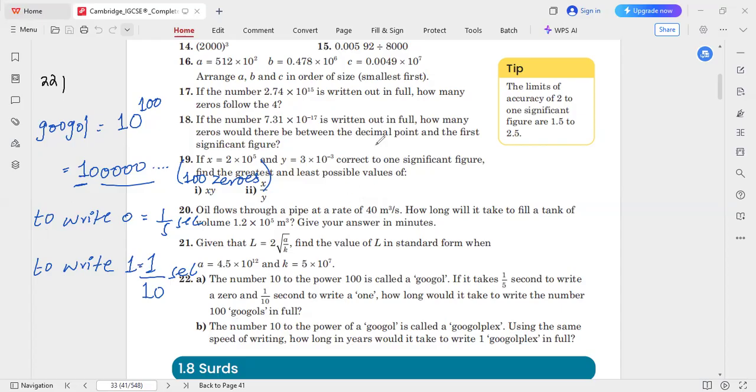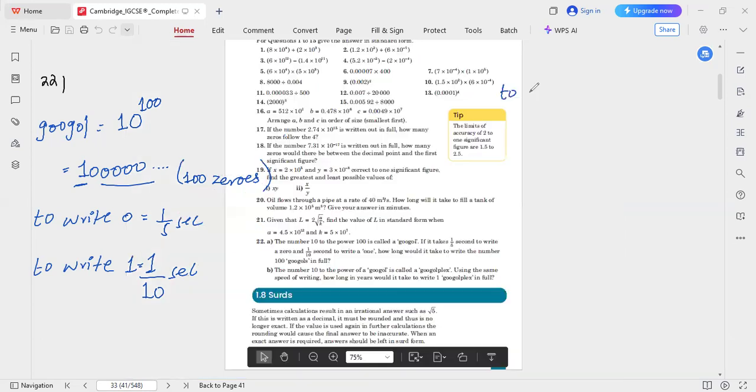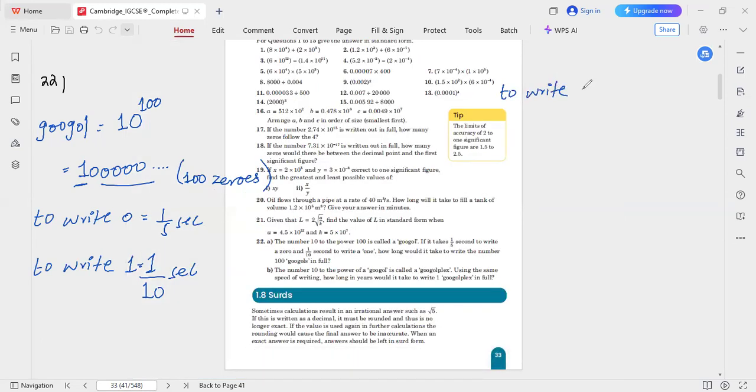First of all, we will find out how much time it will take to write one Google. So let's find out how much time that will take. To write one Google, 1/10 second it takes to write one, and we have only one 1. Then we need to add 1/5 second it takes to write each zero, and we have 100 zeros in total.